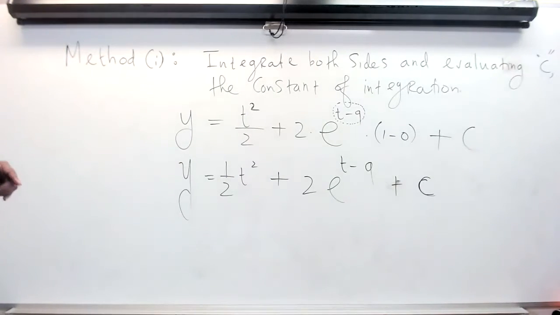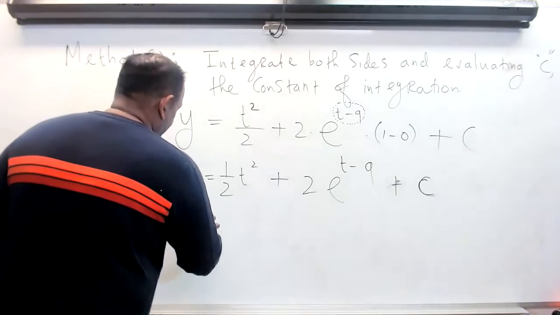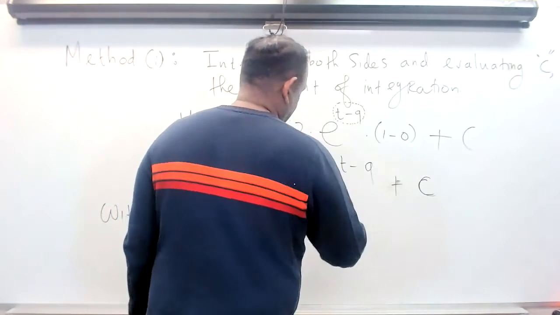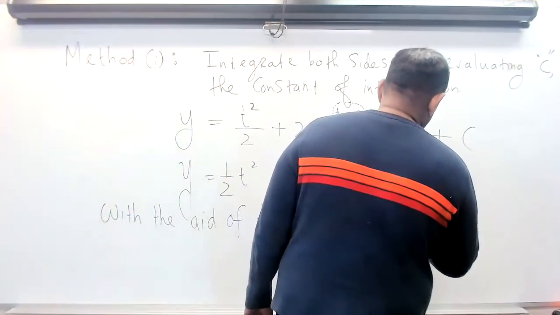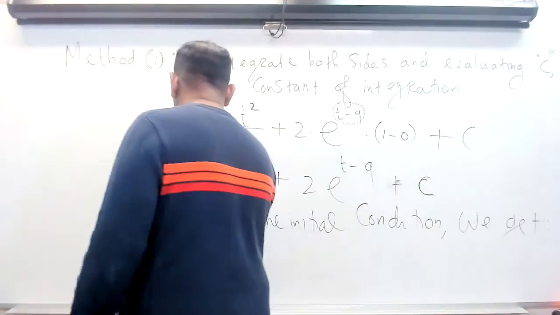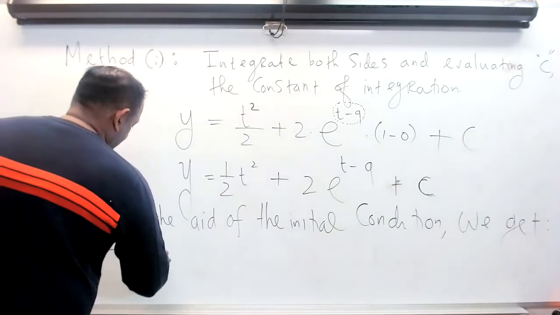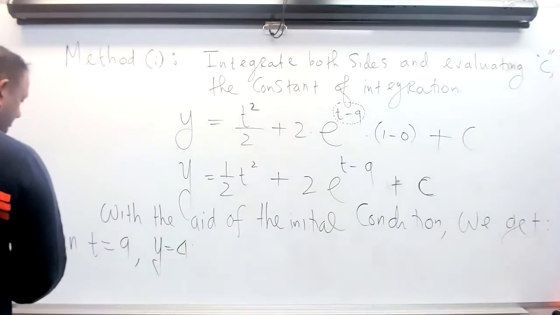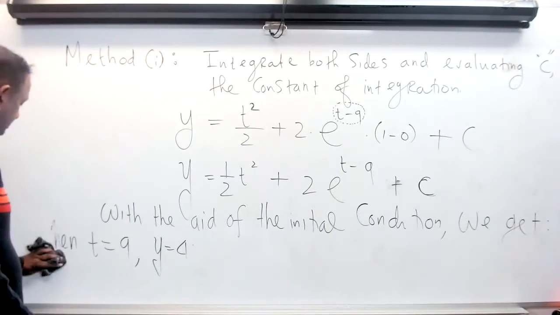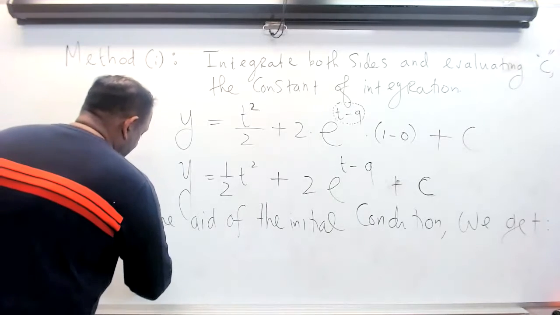Now you're going to use the initial condition. We know when t equals 9, y equals 4.